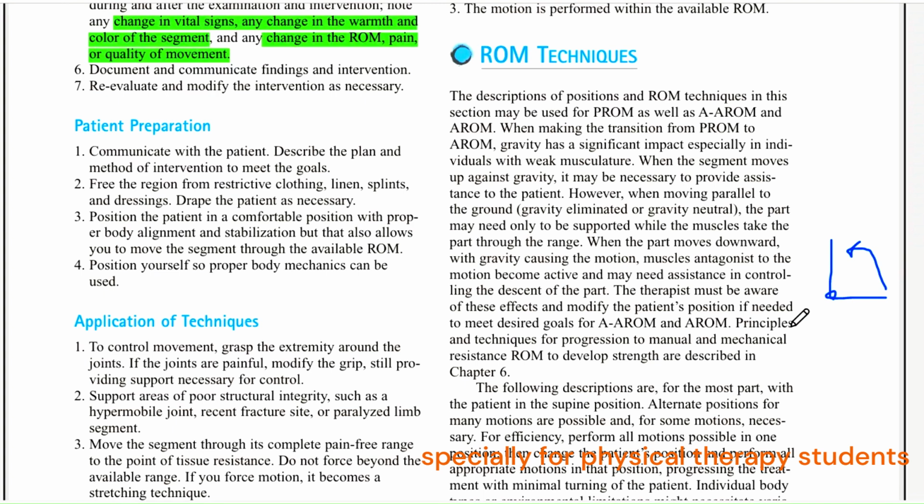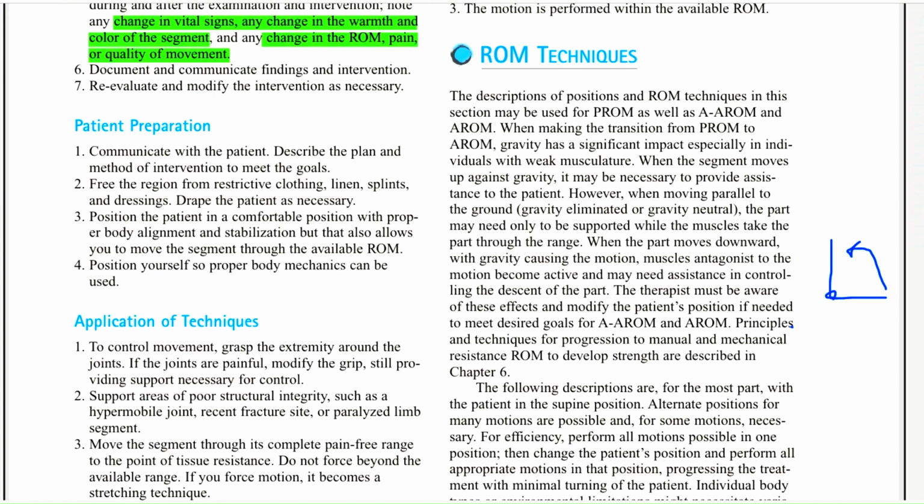After that you can help the patient to complete that range, like a range of 120, or 80, 90. It depends on the degree. So the patient cannot complete that movement by themselves, and you assist the patient to complete it. That is the example of active assisted range of motion.